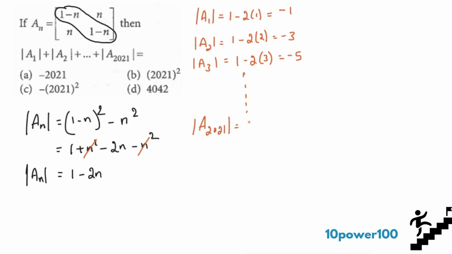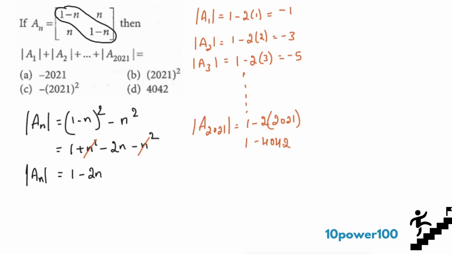So it is 1 minus 2 into 2021. 2021 into 2 is 4042.